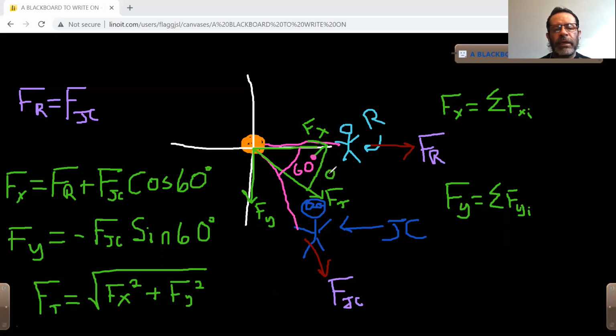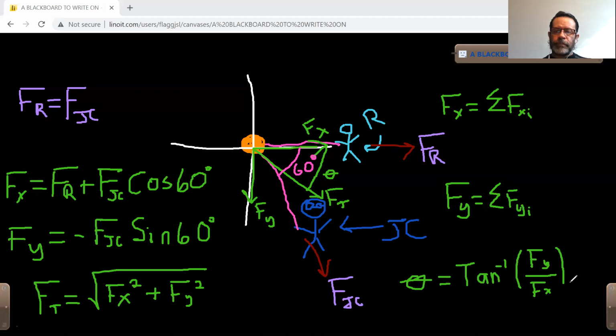Well, the angle is always going to be calculated using the inverse tangent of Fy divided by Fx. It's the inverse tangent of y divided by x.